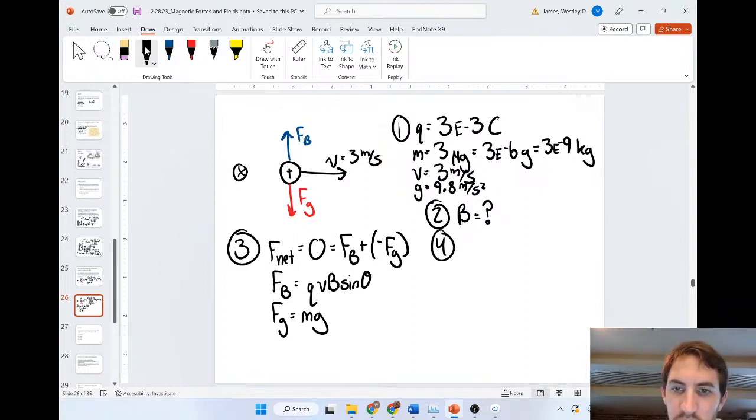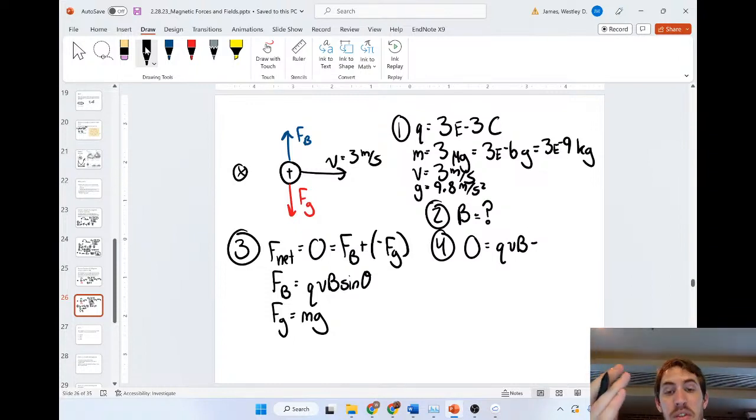So, let's do step 4. I'm going to keep it in variable form. 0 equals QVB, and at this point, I'll just recognize that adding a negative is the same as subtraction, minus mg.